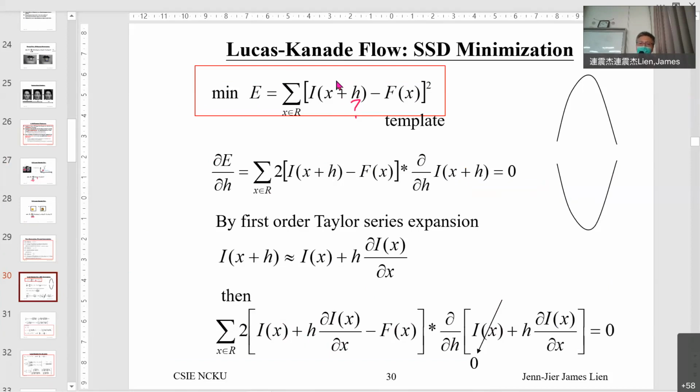So plus means minus minus, the negative direction, so only the direction is different, and they are the same. So how can we minimize this loss function in order to find the displacement h? So that's optimization. So that's an SSD problem, right? How can we solve the SSD problem?